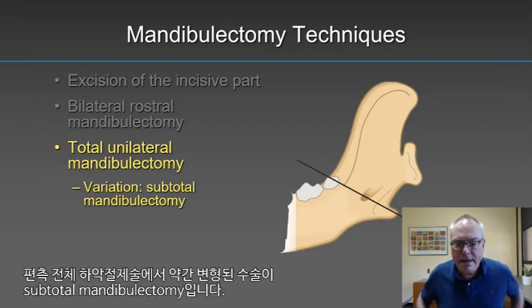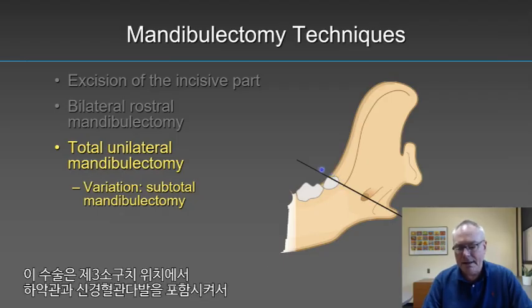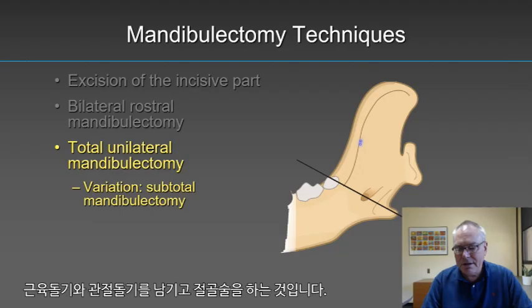A variation on the technique that was recently described is the subtotal mandibulectomy. Now with the subtotal mandibulectomy, the osteotomy is made at the level of the third premolar tooth, just making sure that you include the mandibular canal and the neurovascular bundle, but leaving the coronoid process and the condylar process behind.